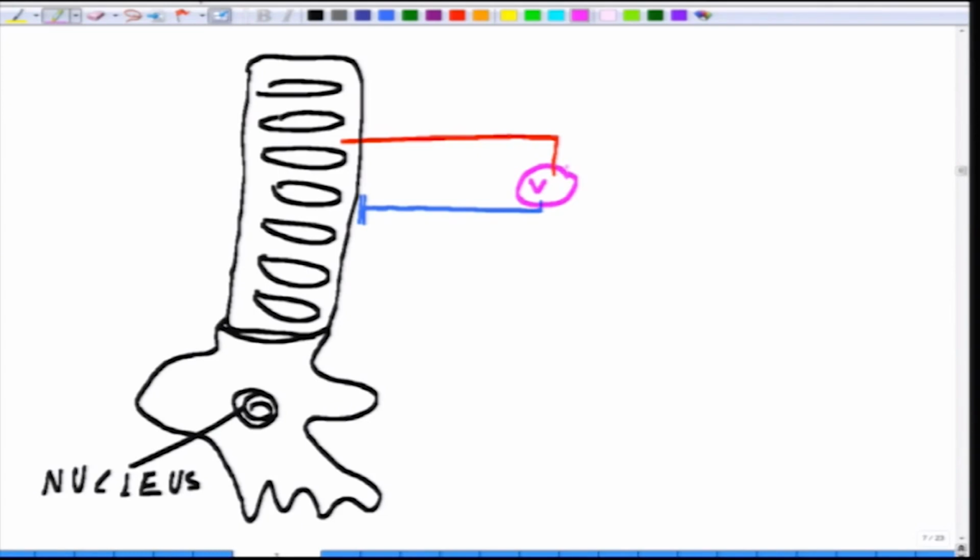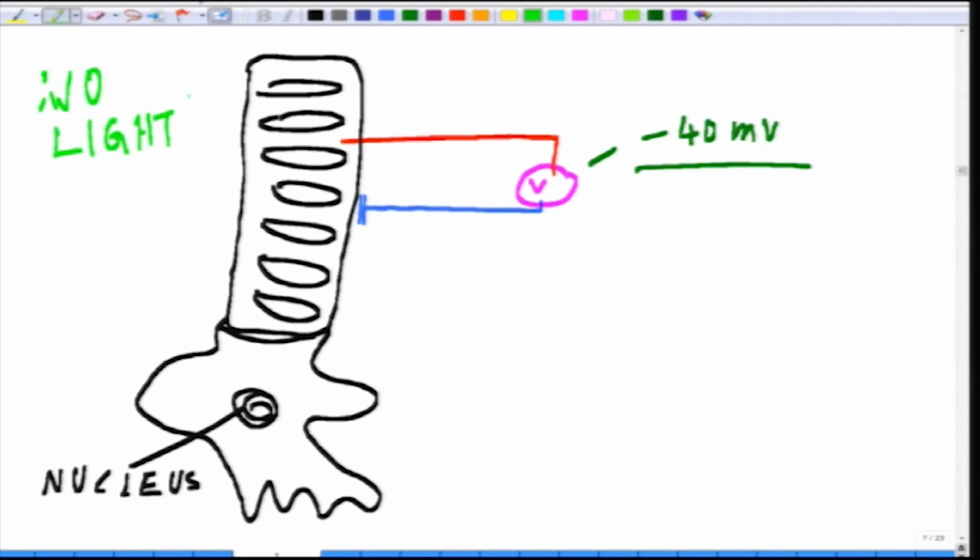What will you see? Initially, what will you see when there is no light falling on this? At that time your voltmeter reading will tell you around minus 40 millivolt. Okay. This is the situation when there is no light, and at that point there is a flux of sodium which is getting in.